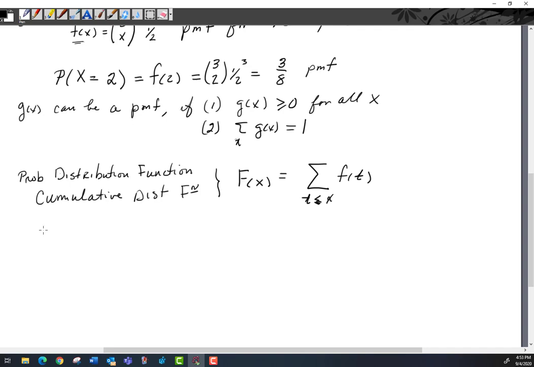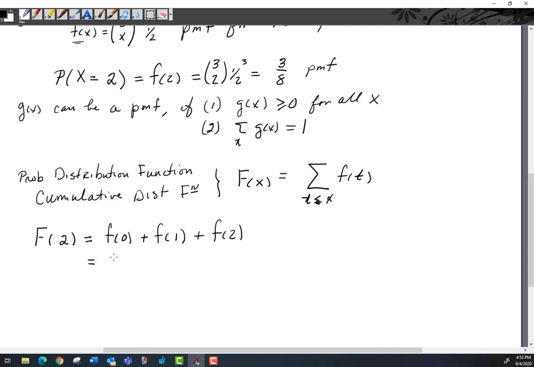So for tossing the three coins, my distribution function evaluated at 2 would just be f of 0 plus f of 1 plus f of 2.